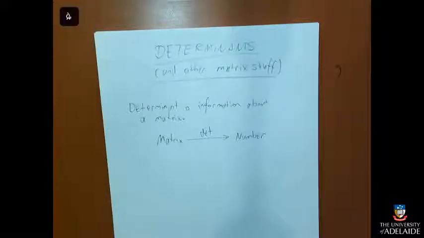So when with numbers, you first learn multiplication, it was a kind of a useful thing to start learning about how multiplication interacts with addition, because that was a thing that you used to be able to do to numbers. And so we have various things that we can do to matrices. We can add them, we can multiply them, we can do row operations on them, and it would be kind of useful to know how determinants interact with those other things.